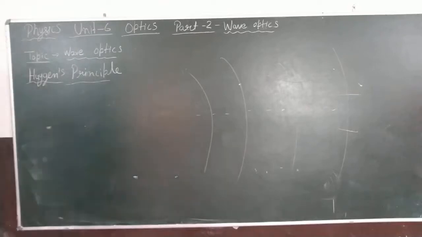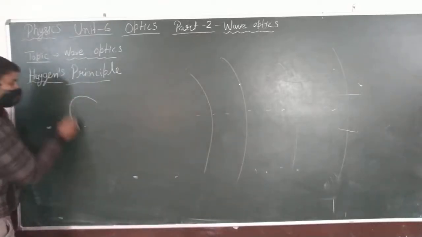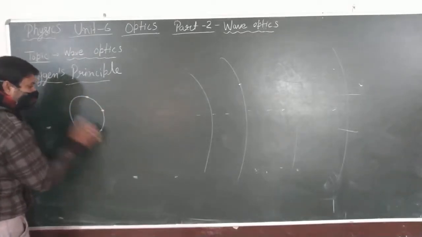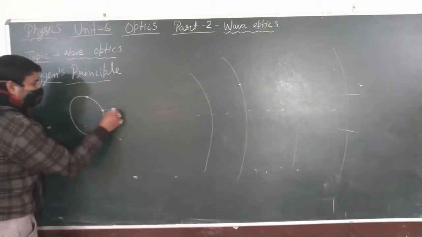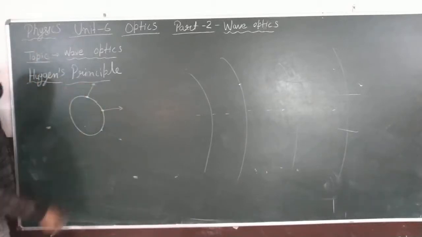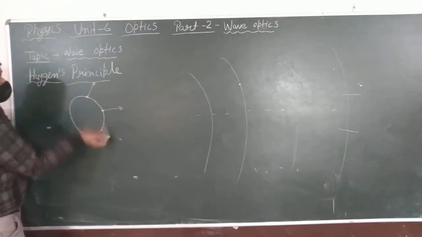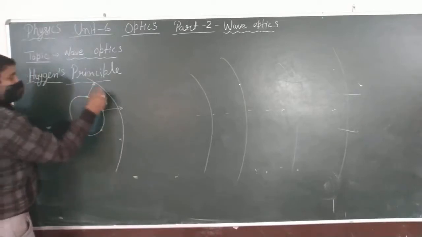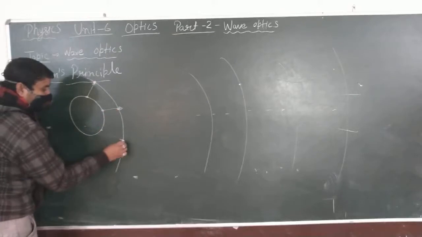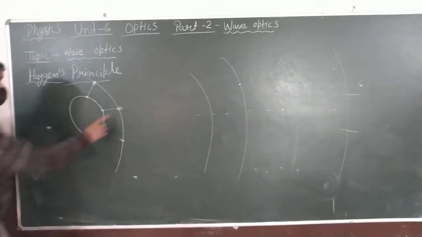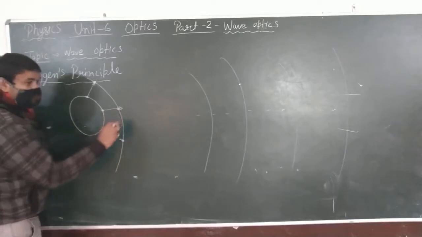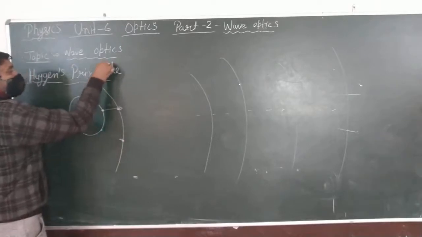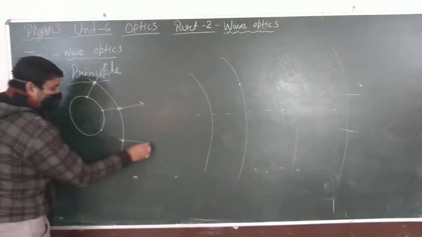Like if we have a cylindrical wavefront and we take these three points, then these three points travel in the forward direction, and when we join these with a tangent line, these points behave like secondary wavelets, and each secondary wavelet behaves like a wavefront and produces light in the forward direction.